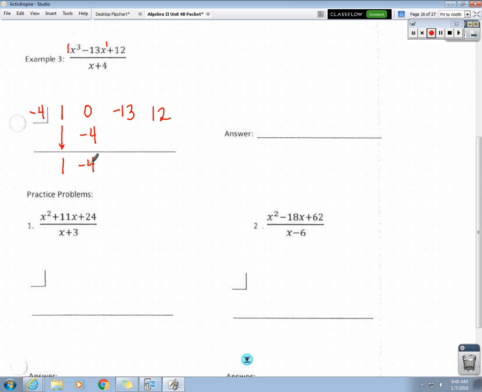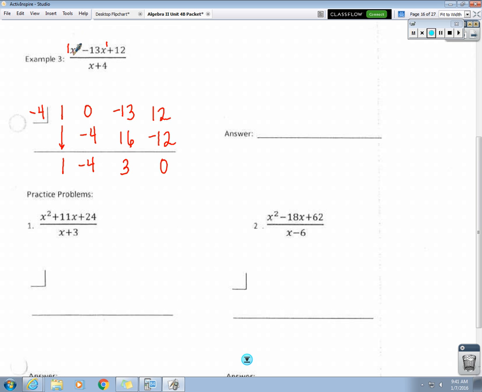Now that it's the bottom number, you multiply it by the box number and you get +16. Now we have -13 plus 16, which is 3. We multiply it by the box number and we get -12. And so our remainder ends up being 0. Okay, it's nice when the remainder is 0.